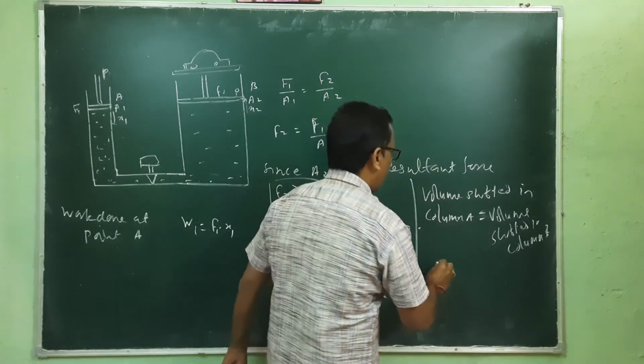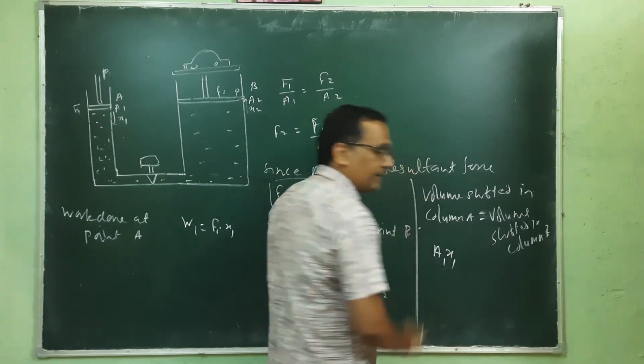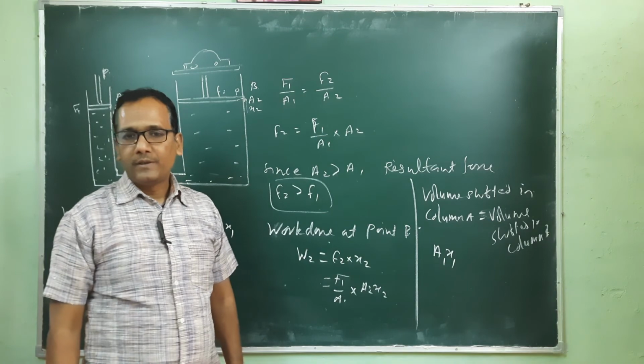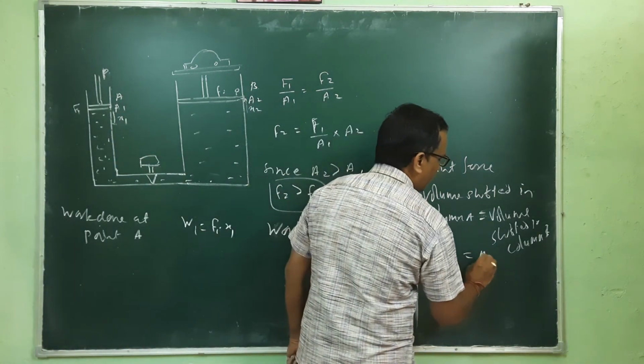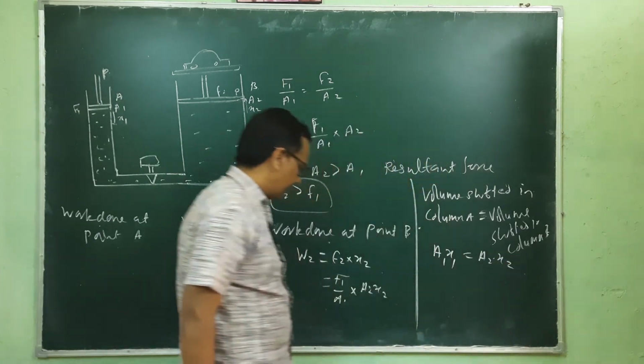So this is A1 X1, where A1 is the area and X1 is the shifting, and it is equivalent to A2 multiplied by X2.